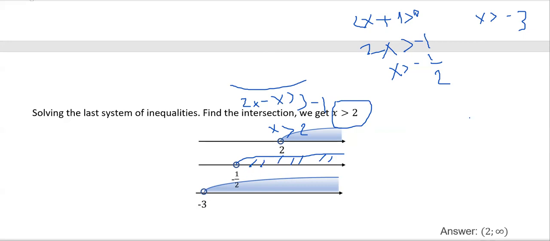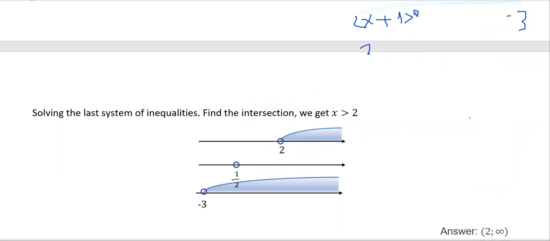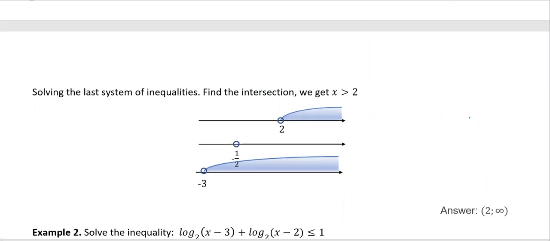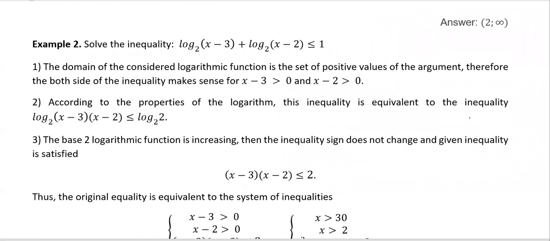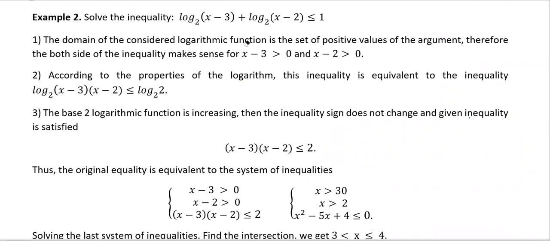After considering, next example, I erase this example. So next example. Example number 2. We need to solve this logarithmic inequality.